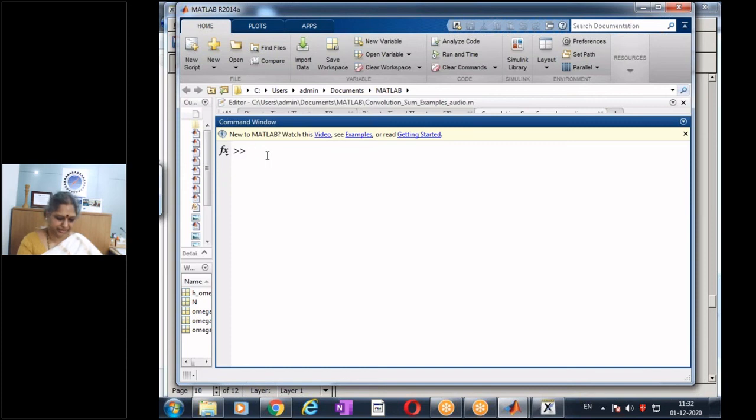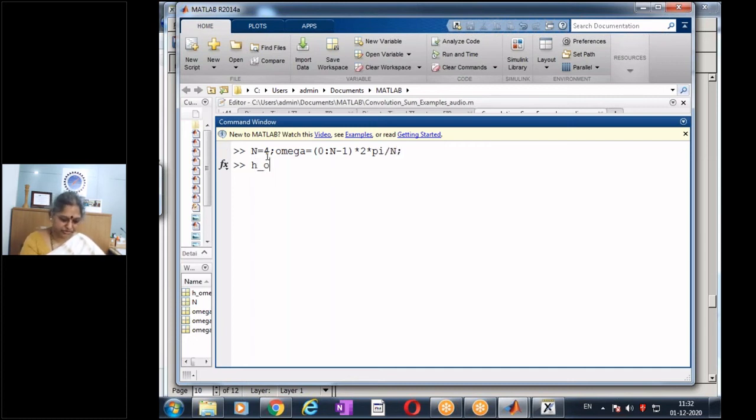So as a first example, when we took n equal to 4, our omega moved from 0 to n minus 1, 0 to 3, and we are trying to take it in a range of 0 to 2 pi divided by n.